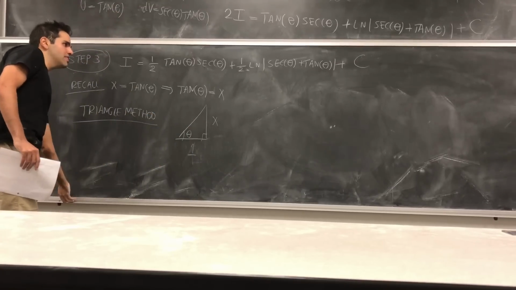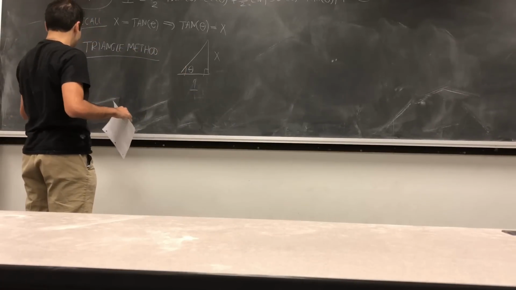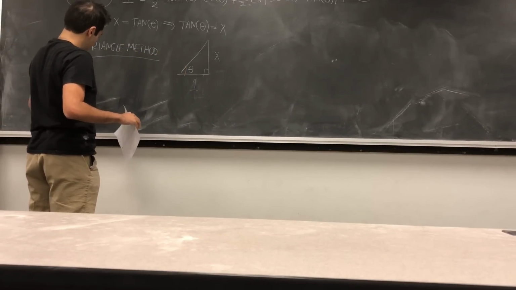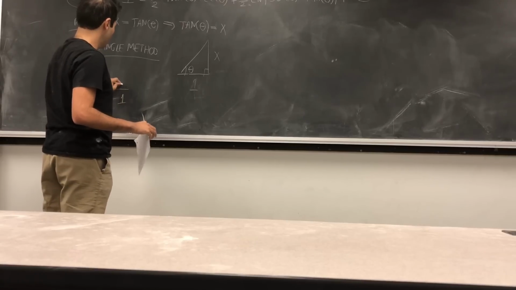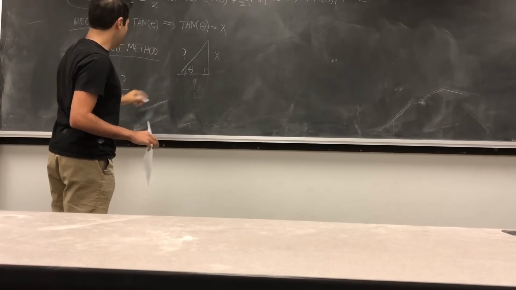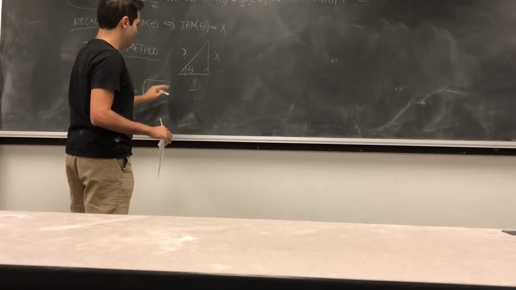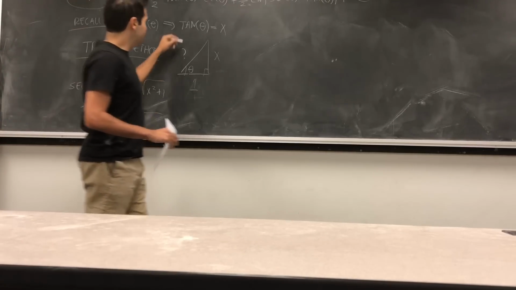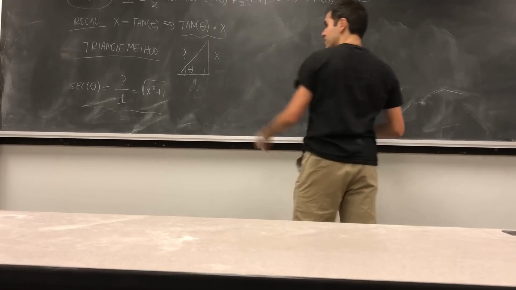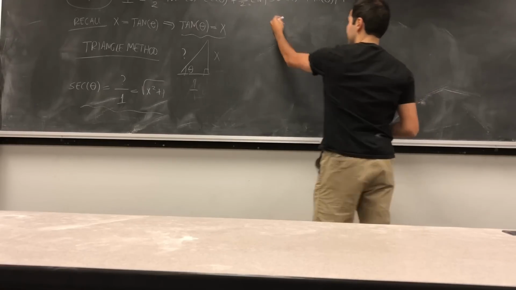And then what is secant? Secant is hypotenuse over adjacent. So secant of theta equals this over 1. But what is the question mark? Well, by the Pythagorean theorem, that's just the square root of x squared plus 1. Which is great, because we have all our ingredients to write what I is.